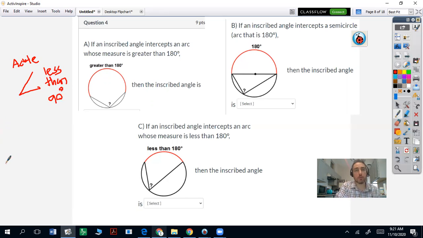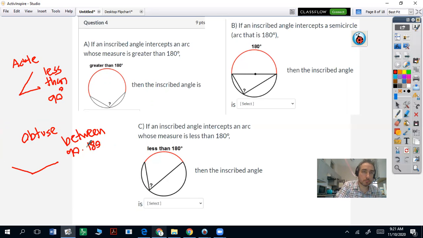And then an obtuse angle would be between 90 and 180. And then, of course, a right angle is 90 degrees exactly. So let's look at those 3 relationships as we remember.